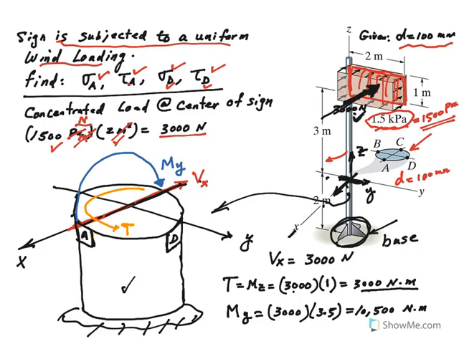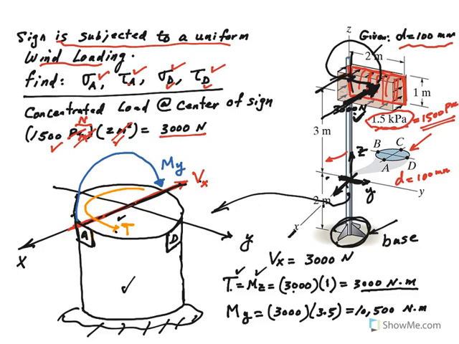So it cannot cause any rotation about that axis, but it could rotate about what? Rotate about z-axis, right? And that would be actually your torque. So moment about z-axis is this 3000 times this distance from the z-axis, which is half of the 2 here, right? So that would be your moment about z-axis, or the torque, twisting moment.